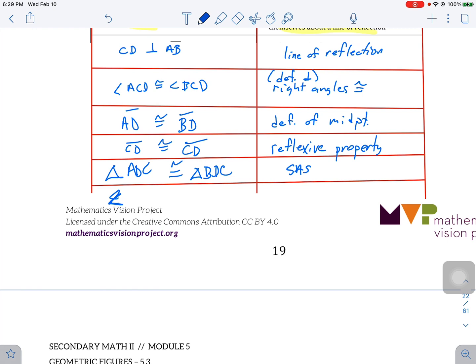we have the angle, and this angle ACD is congruent to BCD. Okay, and that's because corresponding parts of congruent triangles are congruent, CPCTC.